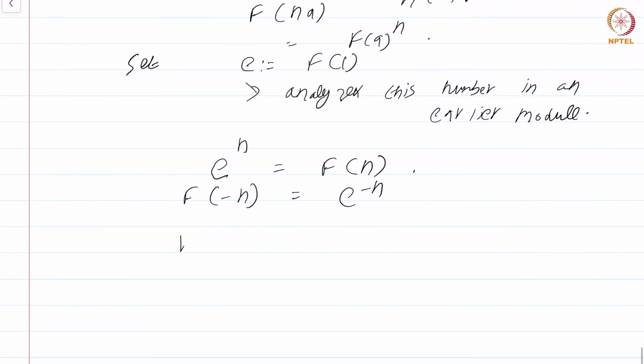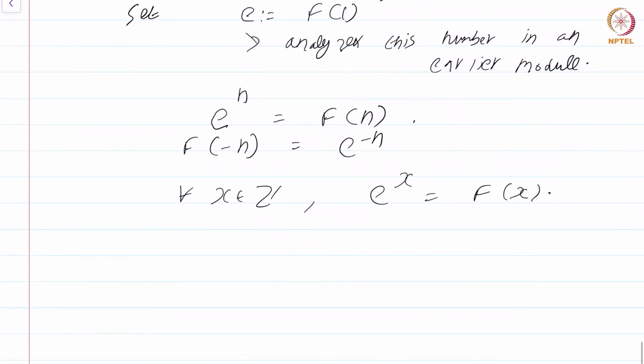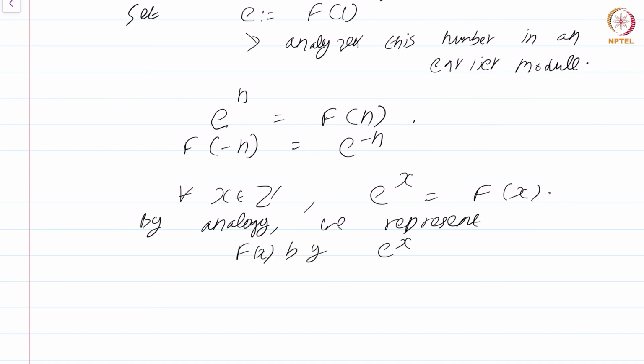So at least for all integers, for all x in Z, we have this e power x is equal to f of x. So by analogy, we represent f of x by e power x.